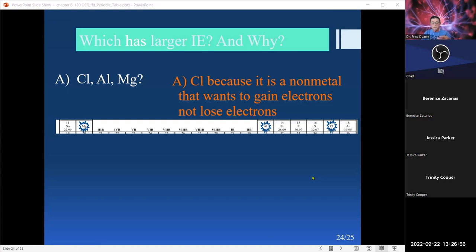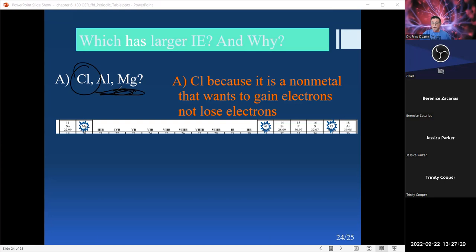As we go across, we're picking up that nuclear charge, and those electrons are being held down closer, hence the radius gets smaller. And second of all, chlorine is a nonmetal, and obviously aluminum and magnesium are metals.